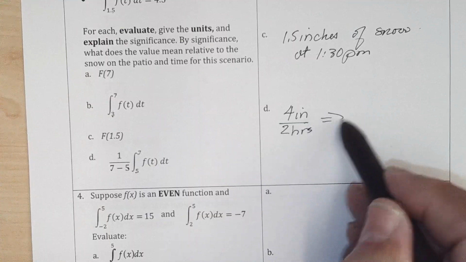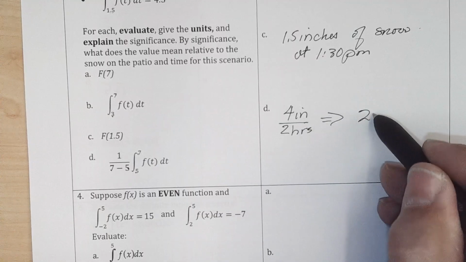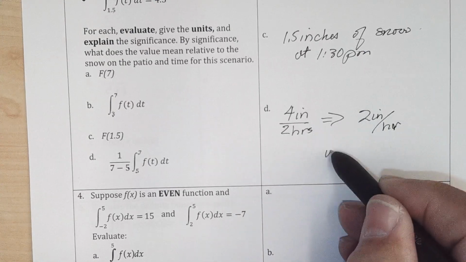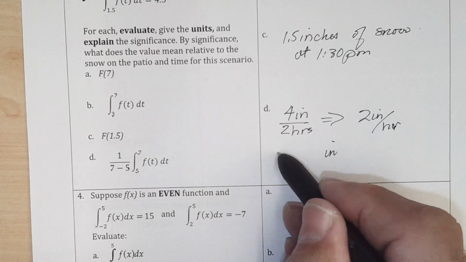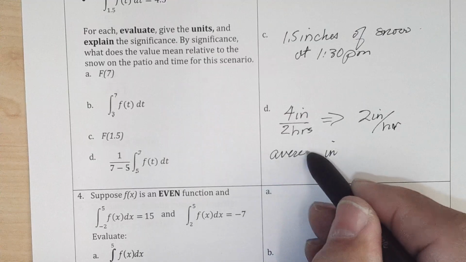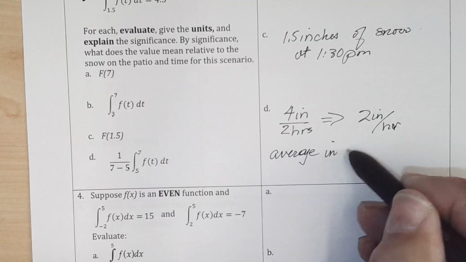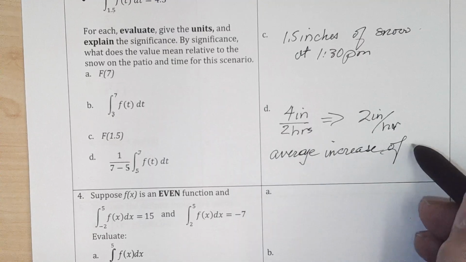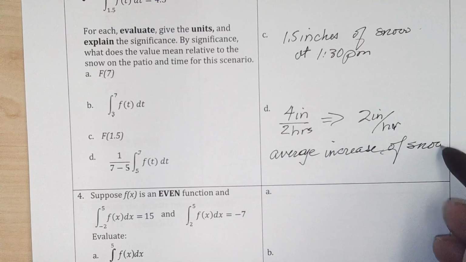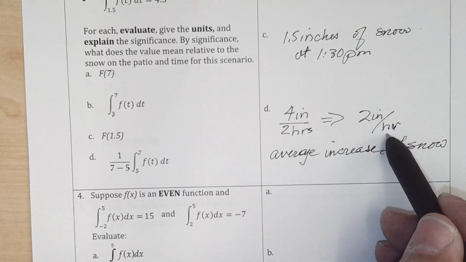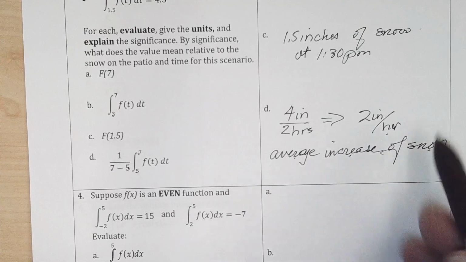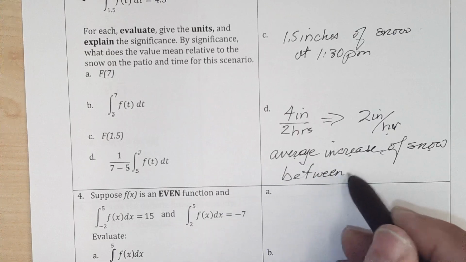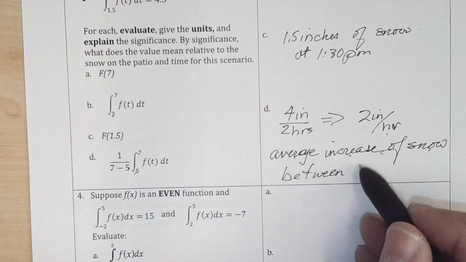So it was 2 inches per hour average increase of snow. 2 inches per hour is the average increase of the snow between 5 p.m. and 7 p.m.